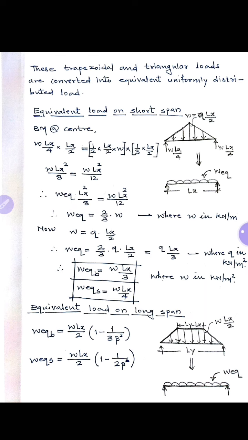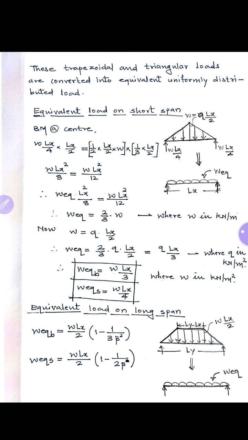Now if I equate it to a uniformly distributed load, maximum moment at center will be W Lx square by 8, isn't it? So directly now I equate it to W equivalent Lx square by 8. Already we have it as W Lx square by 12. So W equivalent Lx square by 8 equals W Lx square by 12.